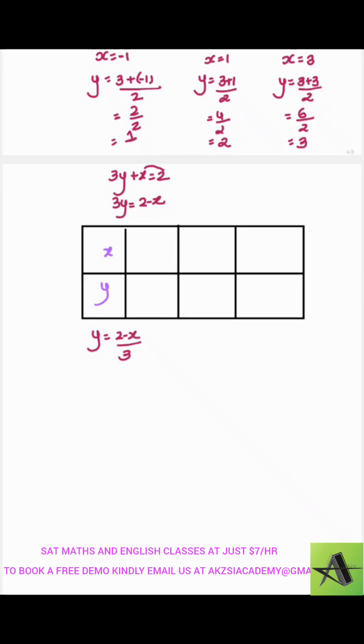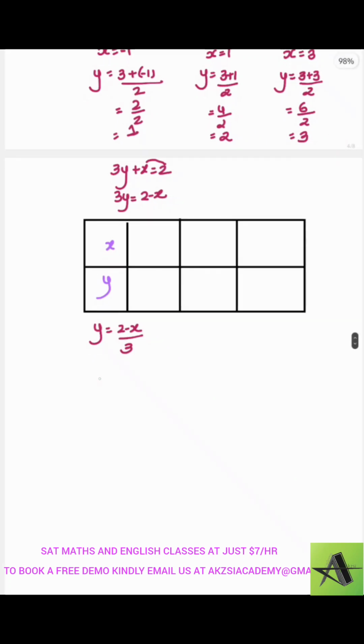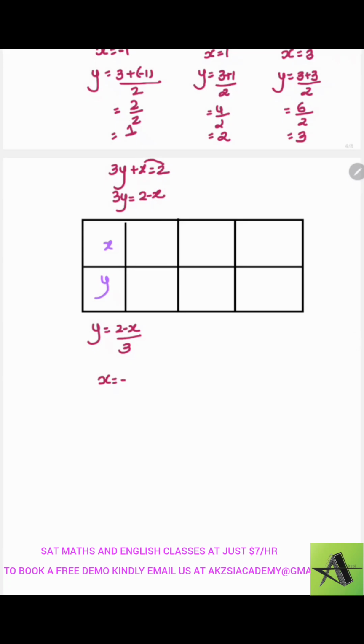Now let me select some values. Okay, let me put x equals -4. I'm selecting this specifically, -4, because I know if I put 0 in place of x, it would be 2 over 3. I'm going to have a fractional number, and to plot a fractional number on a graph is not very easy, especially 2 over 3.